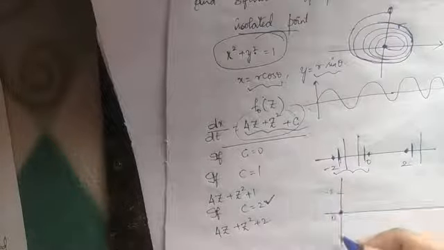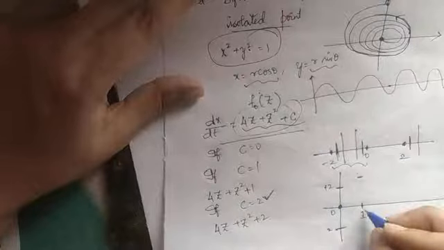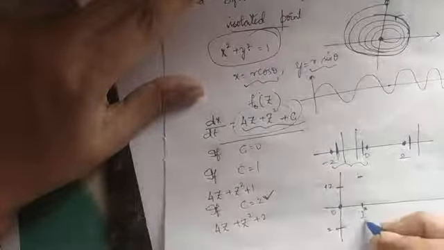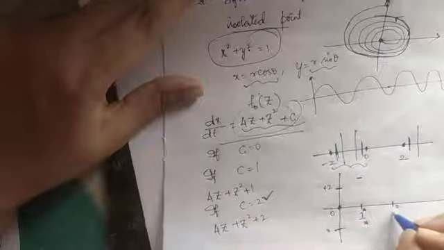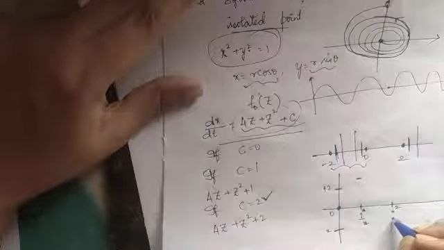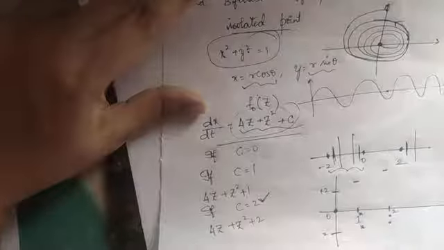So initially when c is equal to 0, your points are from here to here. If c is equal to 1, the point will be somewhere here and these will come closer. If c is equal to 2, these will come even more closer and the other points will be at some more distance.